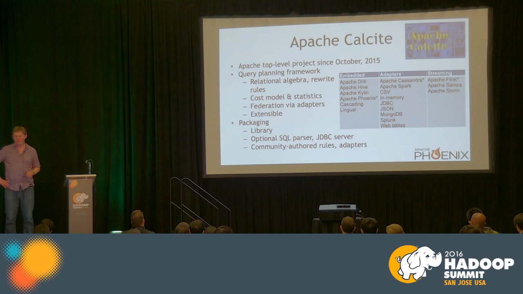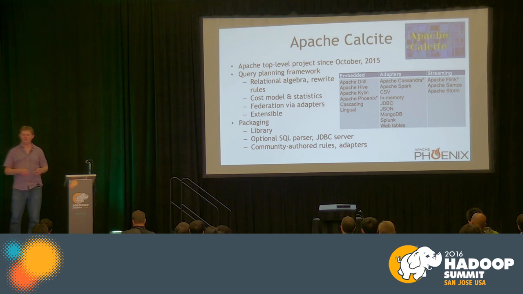It's a query planning framework. I don't call it optimization because it's often difficult to get. It's almost impossible to get the optimal plan because you don't know everything about your data or everything about your query. So it's a kind of toolkit, and the various people that participate in the project will notice they need something and bring it to the table.